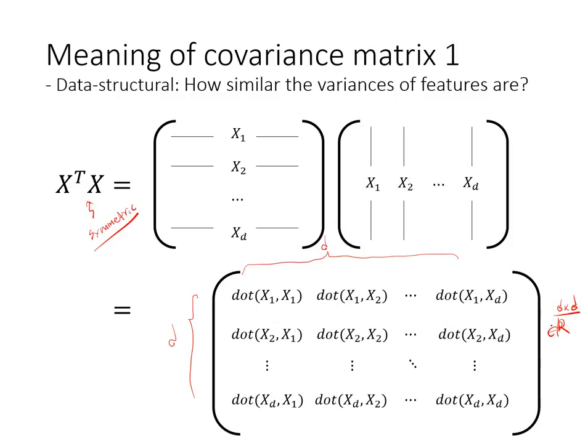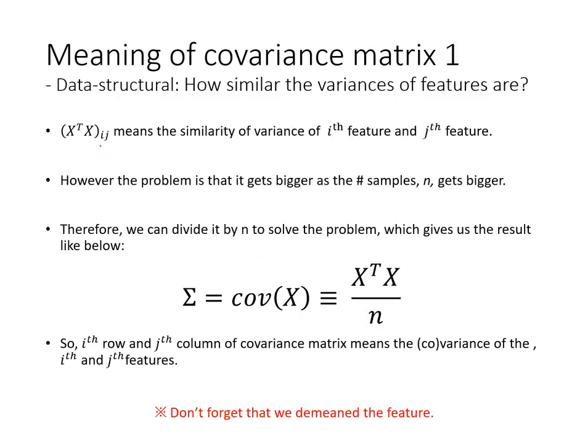So the element in the ith row and jth column means the similarity of the variance, or the change, of the ith feature and the jth feature. However, there's a problem that it gets bigger. The elements in X transpose X get bigger as there are more samples.